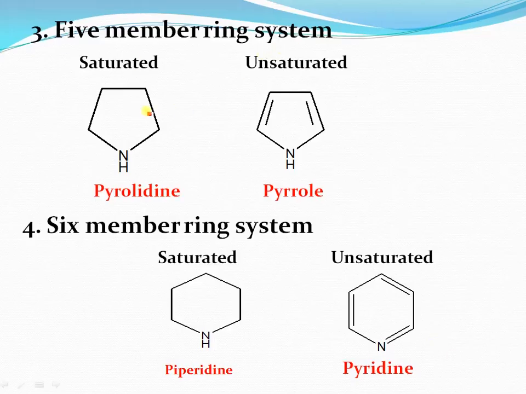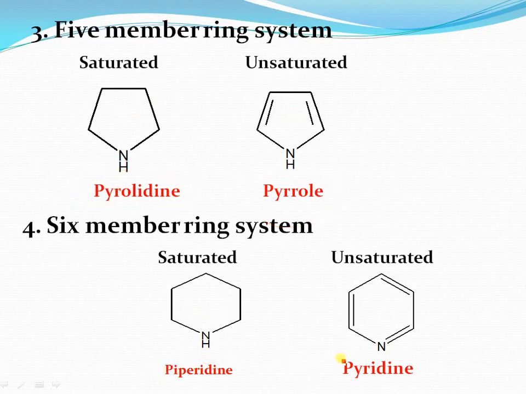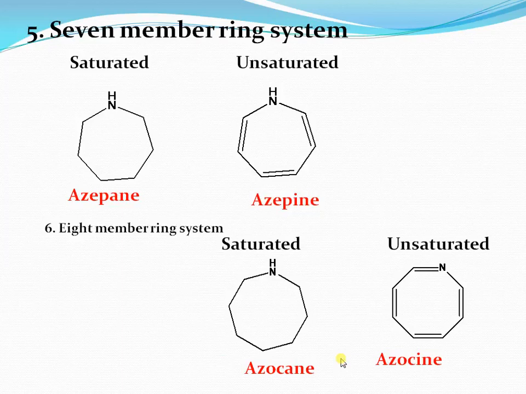Then 5-member saturated, this is unsaturated. It is pyrrolidine, then pyrrole. 6-member saturated, it is piperidine, and unsaturated pyridine. Then 7-member, like azepine, it is unsaturated.